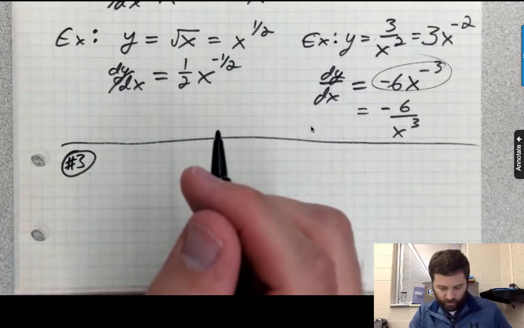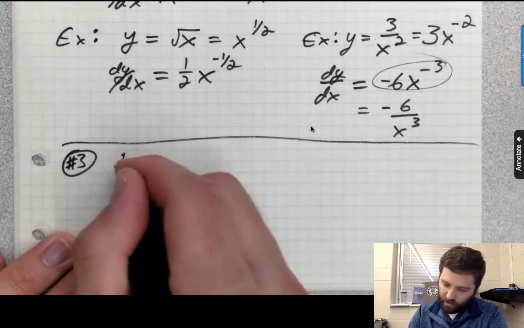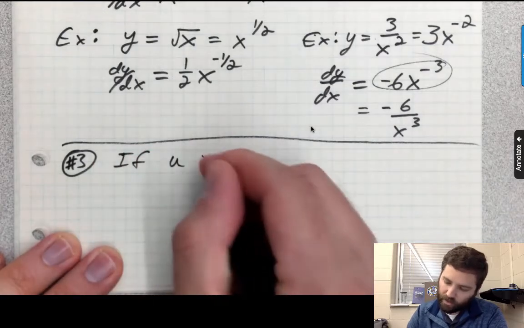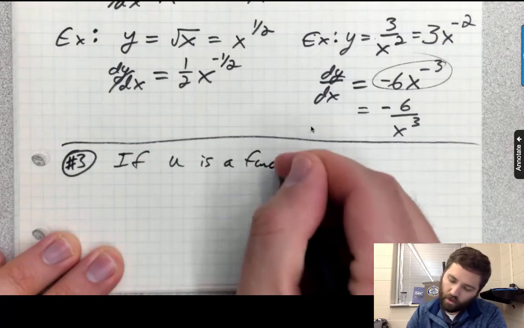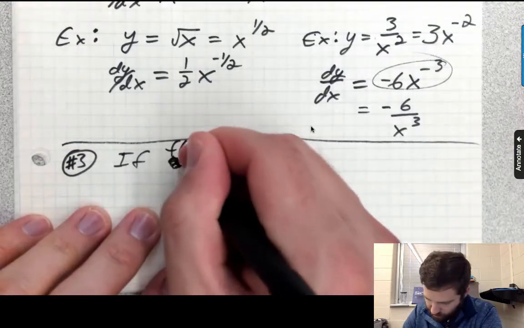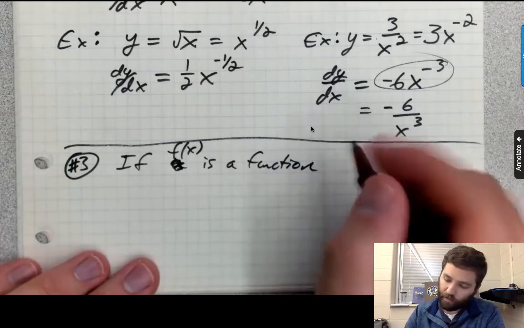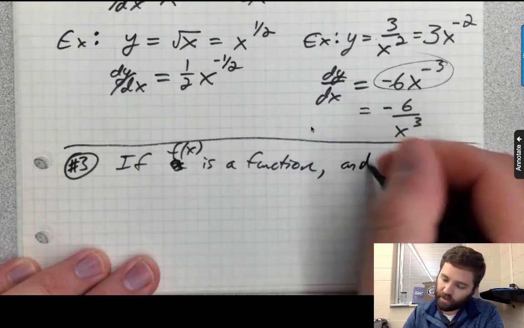Okay, this is the constant rule. I'm going to write this part down. So if u is a function, you know what? No. We're just going to use f of x. I don't know why the book uses u. Let's suppose f of x is a function, and c is a constant.